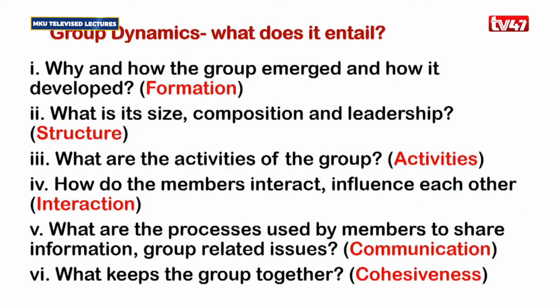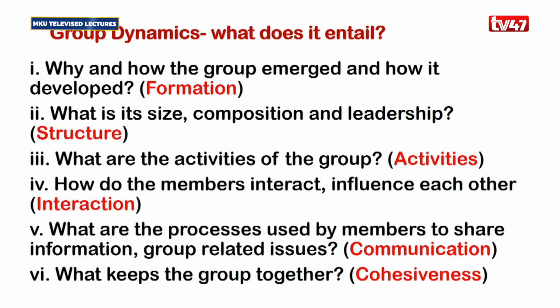Okay. Let's summarize out of this definition. These are the questions that we answer when we are interested in group dynamics. Why and how the group emerged and how it developed, which we refer to as group formation. What is the size of the group? 200-300 people. Its composition and leadership. That is the structure of the group. What are the activities of the group?